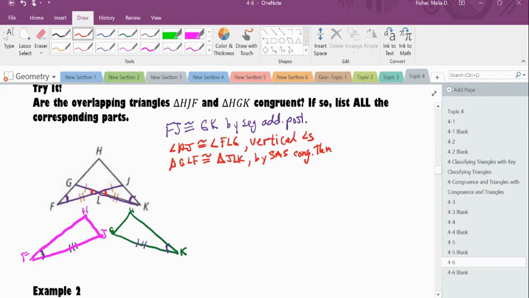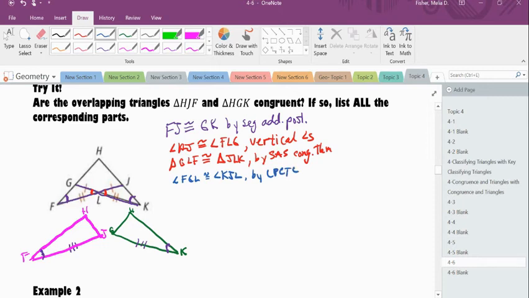And then we can determine that angle FGL is congruent to angle KJL, and that is by CPCTC.